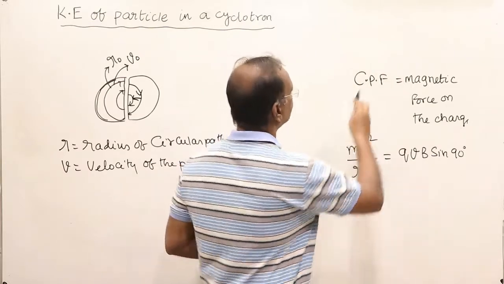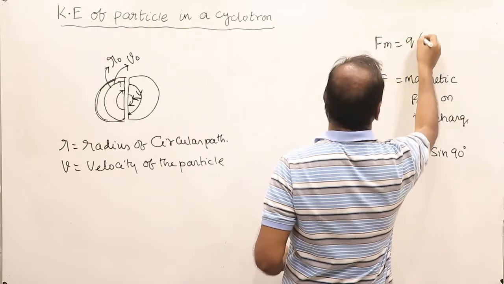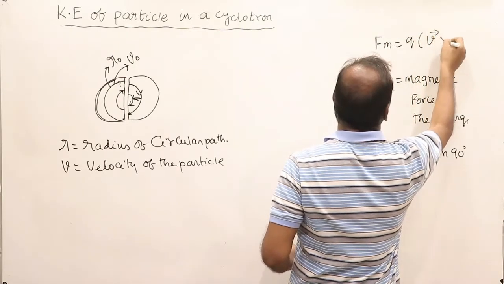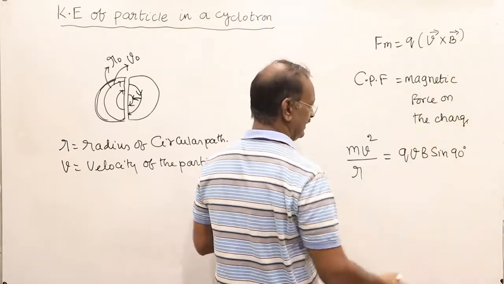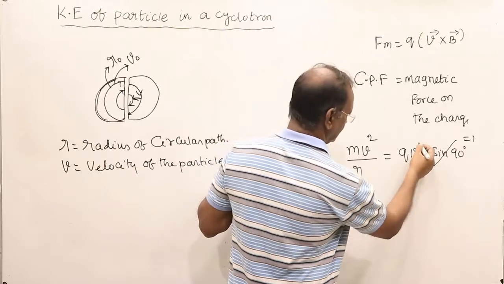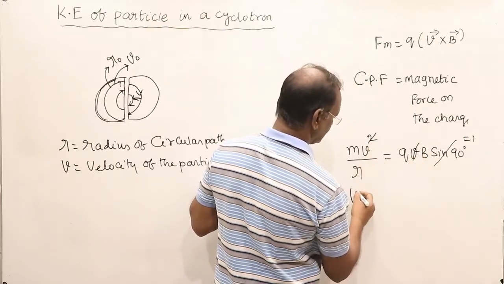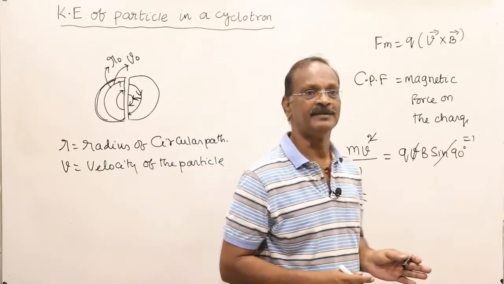As we have seen, magnetic force is equal to Q into V cross B vector. So sine 90 is equal to 1, and we can cancel this and this. What is the velocity of the particle?